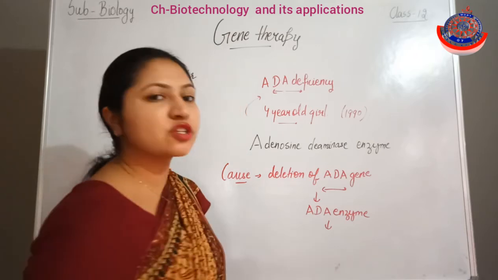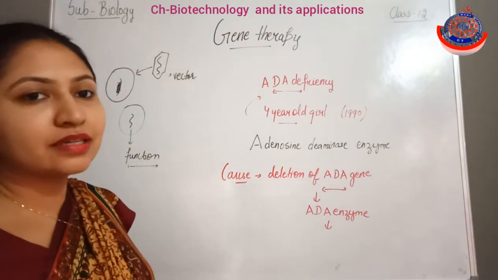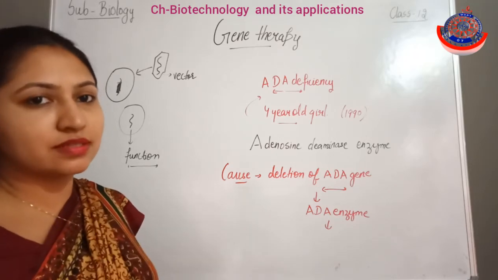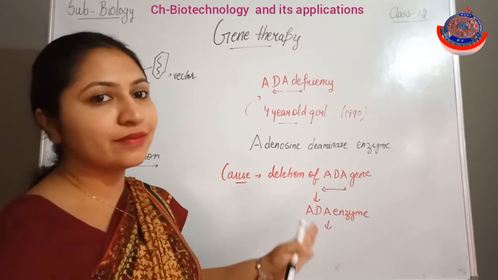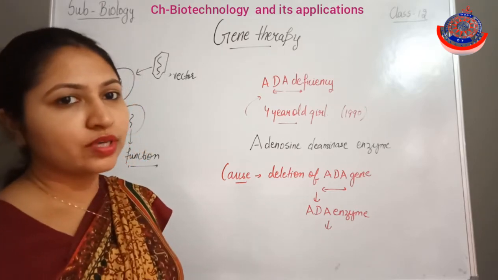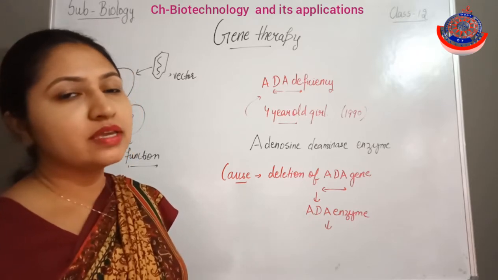But what is the function of this ADA enzyme? It helps in the immune system. It provides immunity. How? Because it keeps the T lymphocytes functional in our body. If this ADA enzyme is not there in our body, then what happens?